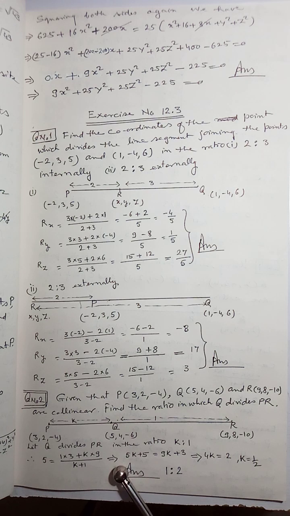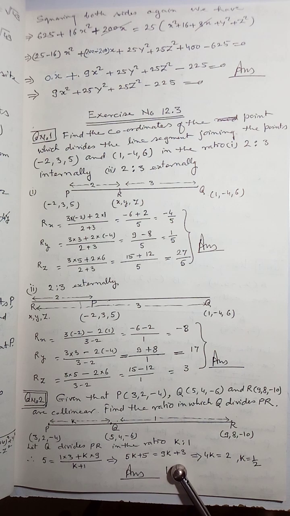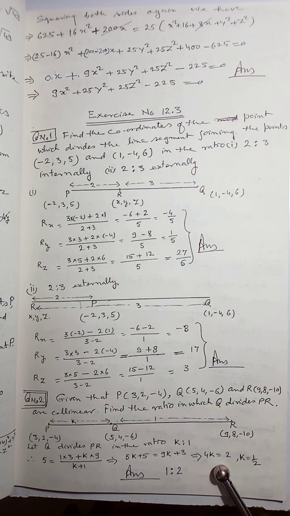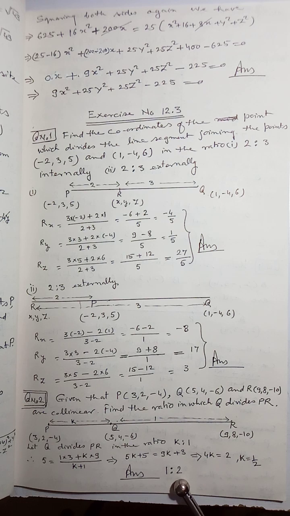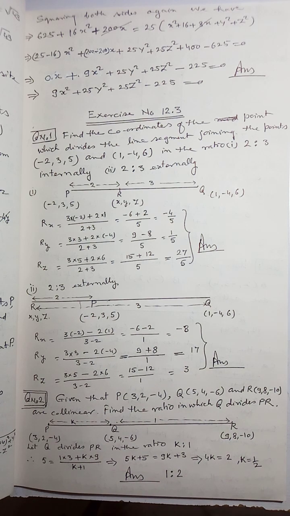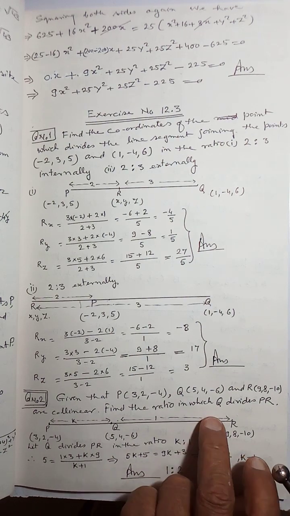Cross multiply: 5k plus 5 will be equal to 9k plus 3. Further solving, 4k equals 2, and therefore k will be equal to 1 by 2. So the ratio in which Q divides PR will be 1:2. Then this will be the required answer of question number 2.